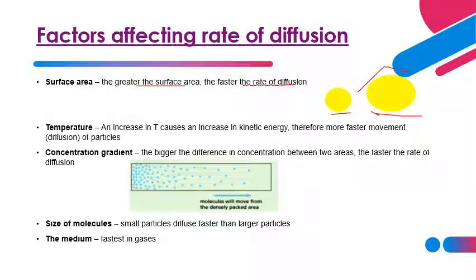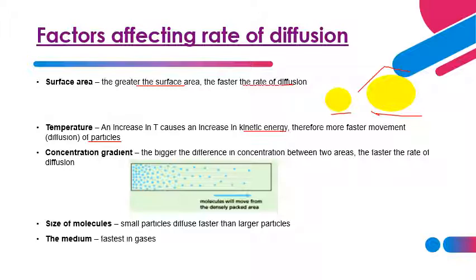Temperature. An increase in temperature causes an increase in kinetic energy, which is the movement energy that is induced in the particles. Therefore, this speeds up the rate of diffusion.